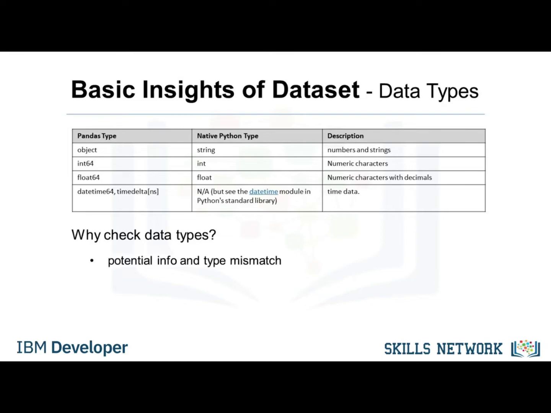It would be more natural for it to have the float type. Jerry may need to manually change the data type to float. The second reason is that it allows an experienced data scientist to see which Python functions can be applied to a specific column. For example, some math functions can only be applied to numerical data. If these functions are applied to non-numerical data, an error may result.